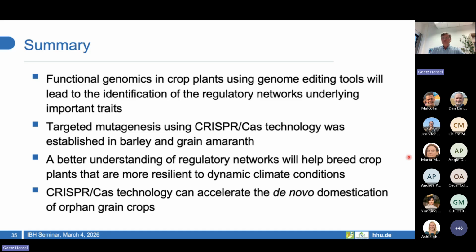The better understanding of the regulatory networks will help breed crop plants that are more resilient to dynamic climate conditions. And what I didn't stress much here is that once you know the function of individual genes, you can, of course, combine this and target it with CRISPR-Cas technology to accelerate de novo domestication, also of orphan grain crops.